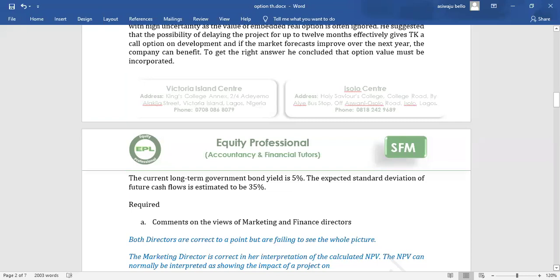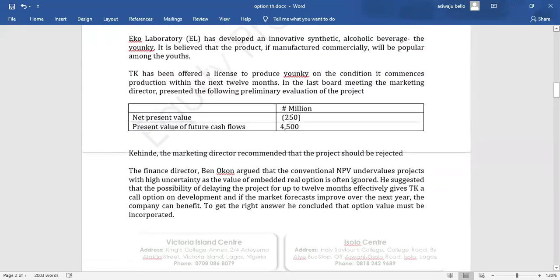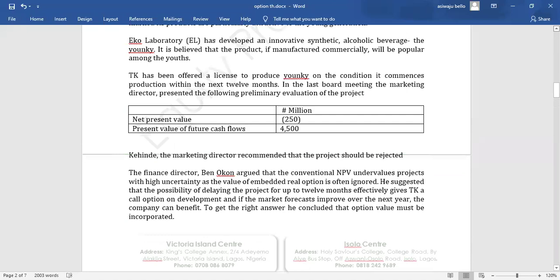Look at requirement A. Let us deal with requirement A first. The marketing director's view is that the project should be rejected.